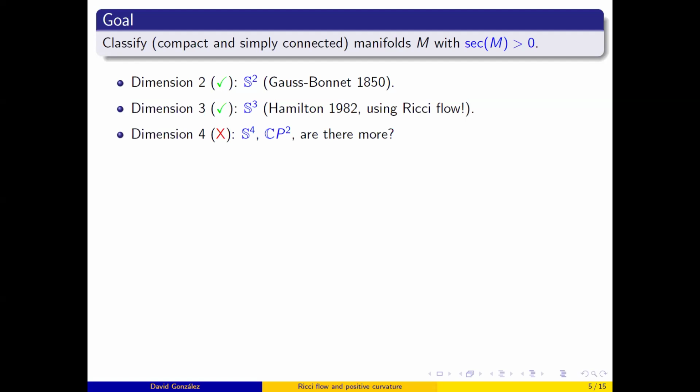In dimension 4, we have one more example, CP2, but we don't know if there are others. In fact, the next candidate in dimension 4 would be S2 cross S2. And this is the Hopf conjecture, which I would say is quite famous and remains unsolved. So we don't have a classification. So what can we do?